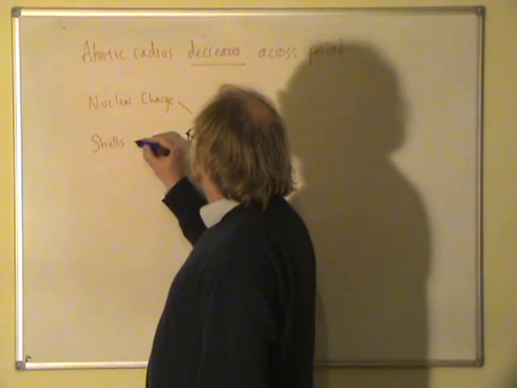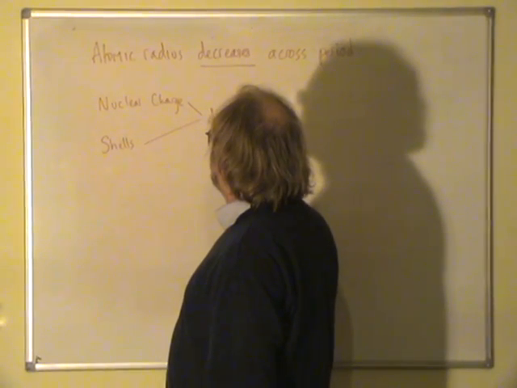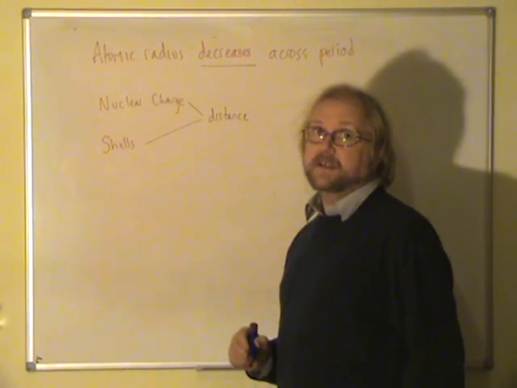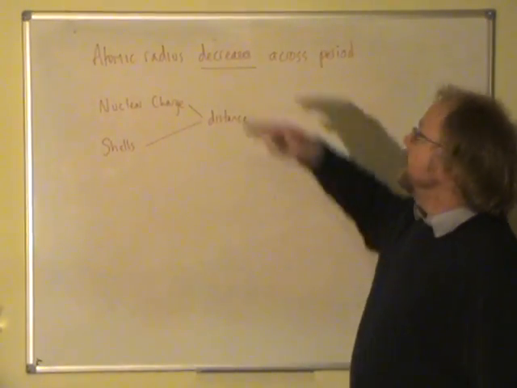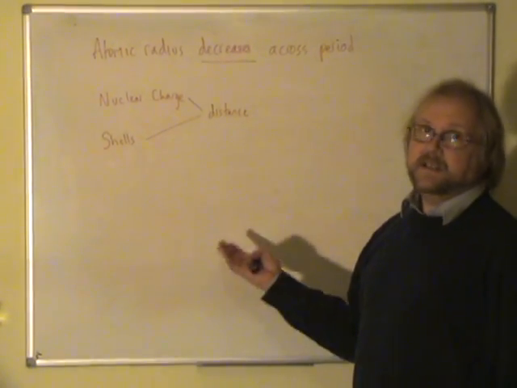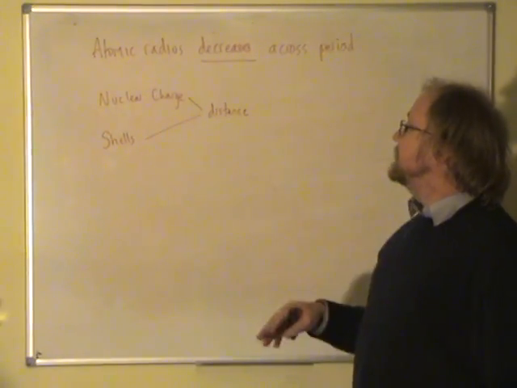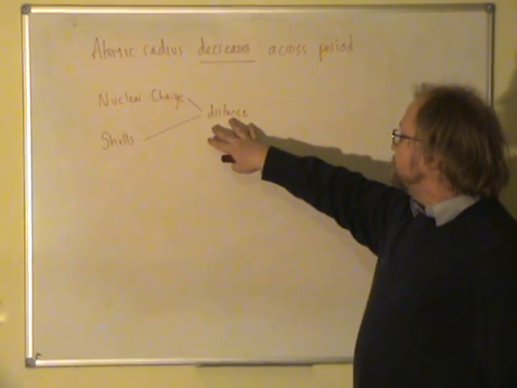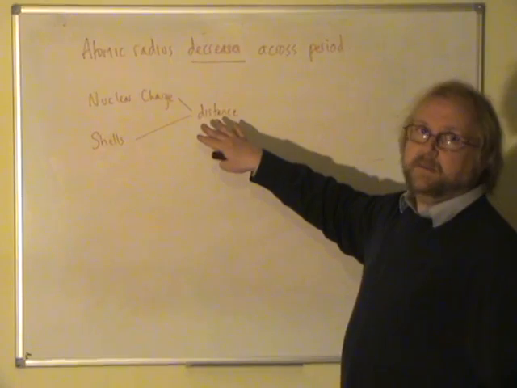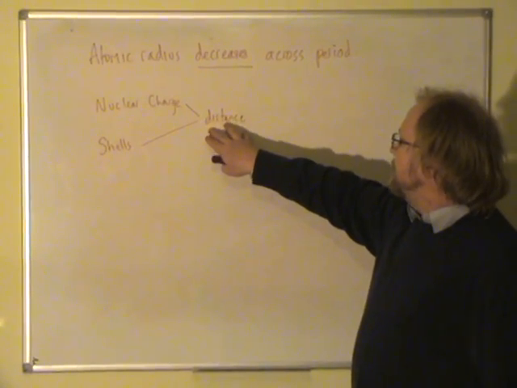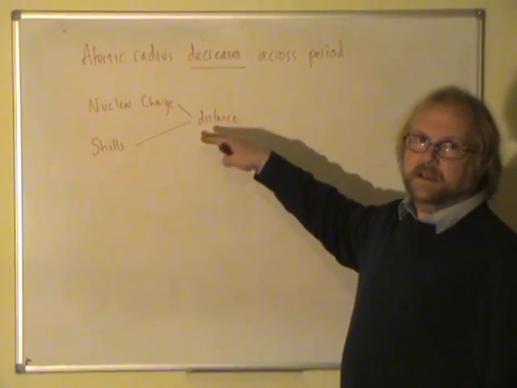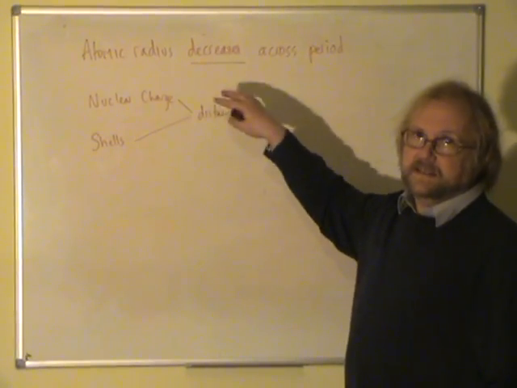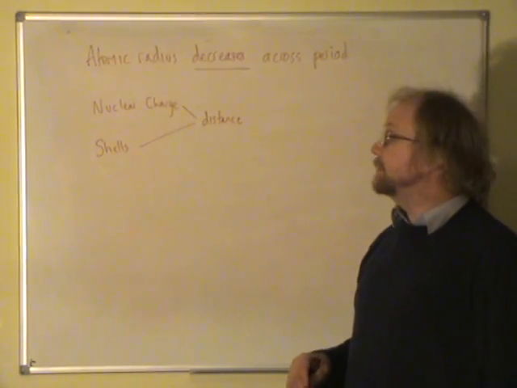Both of those things relate to the distance of the outer electrons to the nucleus. And obviously that's the crucial thing when we're talking about atomic radius, because atomic radius is essentially the distance of the outer electrons from the nucleus. So if we were talking about ionization energies, you just talk about that as one of the factors. But here, obviously, in a sense, it is the outcome of all of the other factors: what's the distance to the outermost electrons.